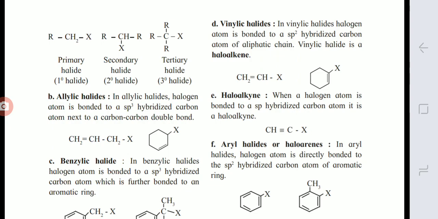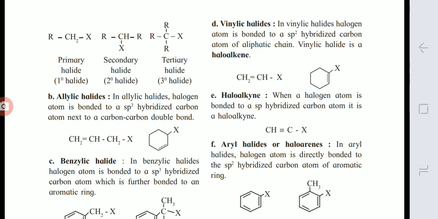if you check propene, CH2=CH-CH3, there is a double bond. So the parent compound is propene, and if your halogen is present on the third carbon, you have to write the numbering from left to right. The CH2 carbon with the double bond is first, CH is second, and CH2 is third.